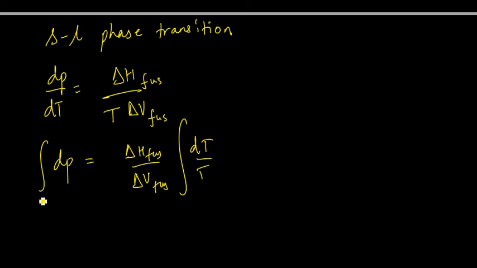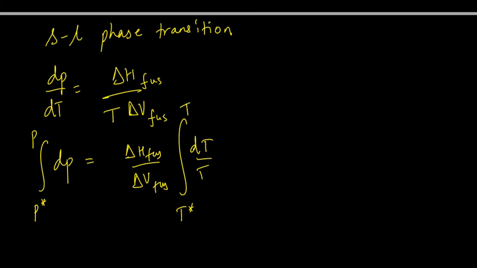So I wanted to start with some pressure P star and go to a pressure P, T star likewise under temperature T. I can assume delta H and delta V to be independent of the transition temperature for a small change.